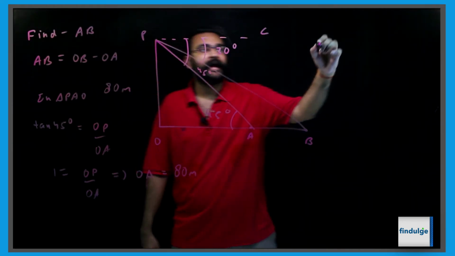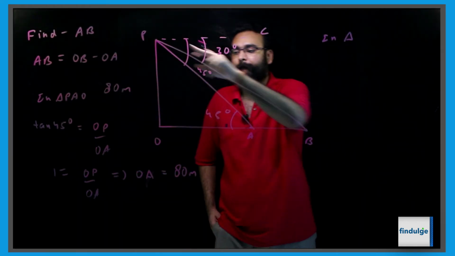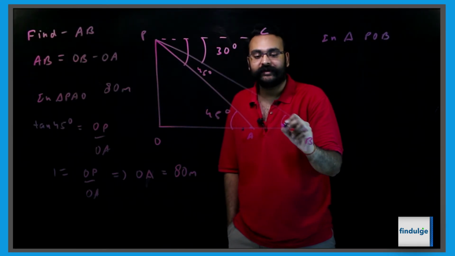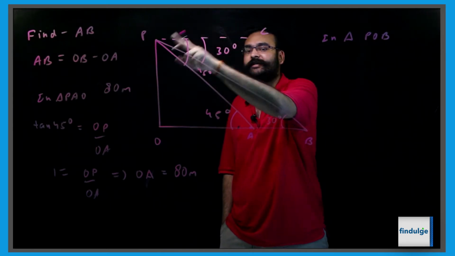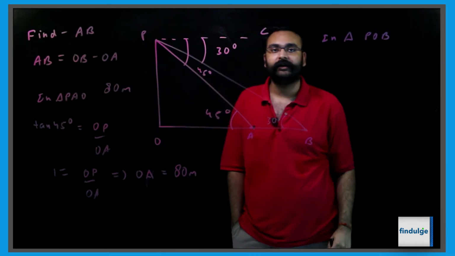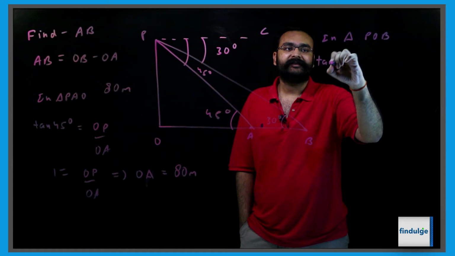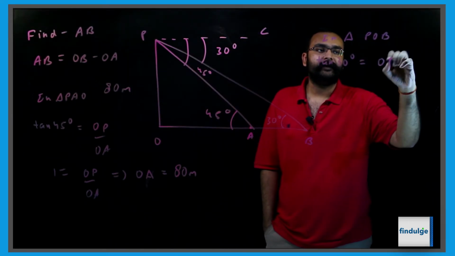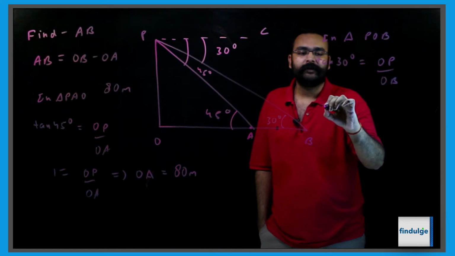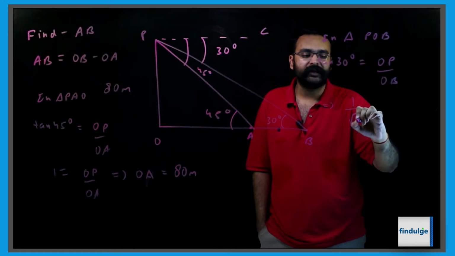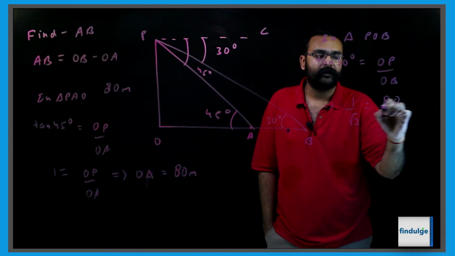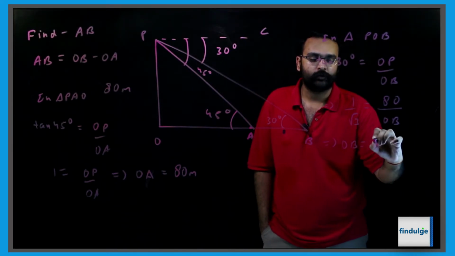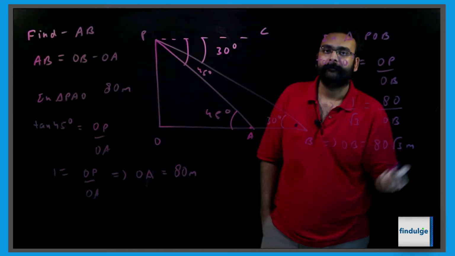Similarly, in triangle POB, now this is going to be 30 degrees because CPB and PBO are alternate interior. So tan 30 degrees is equal to OP upon OB, which means 1 by root 3 is equal to 80 upon OB, which means OB is equal to 80 root 3 meters.